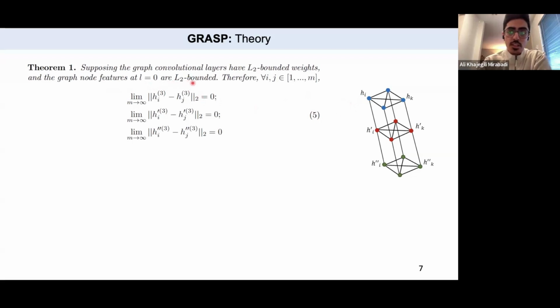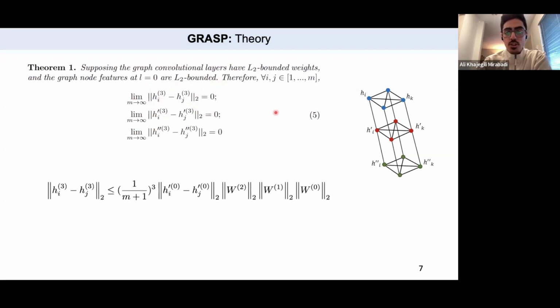So with these two simple assumptions, we will prove that at the third layer of GCN, these nodes converge to each other. Meaning that the limit of any node in any layer, for example in the fifth layer, their L2 norm goes to 0, which means that they converge together.